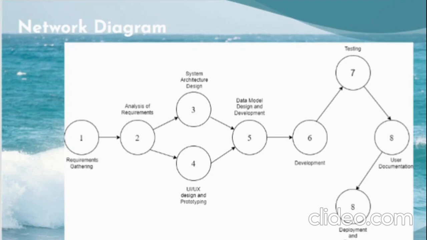The next step is data model design and deployment, which involves creating a blueprint for the system. How data will be stored, the structure, and how data will be accessed, how all processes will be linked securely to the cloud database system.